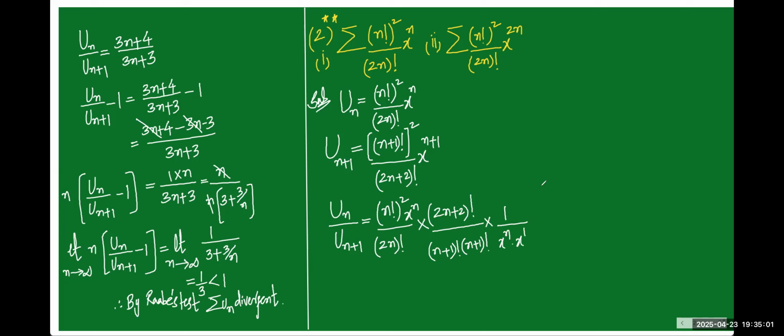In the initial step, I want to cancel these two terms first of all, x power n cancelling with this x power n. Later on, for this and for this, I want to apply this formula: n factorial can be written as n into n minus 1 factorial. Even for this also, n factorial can be written as n into n minus 1 factorial.